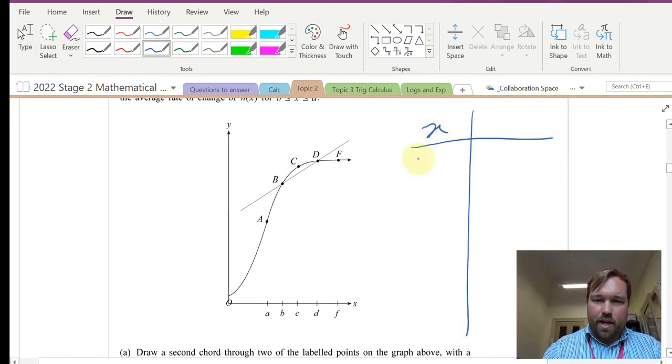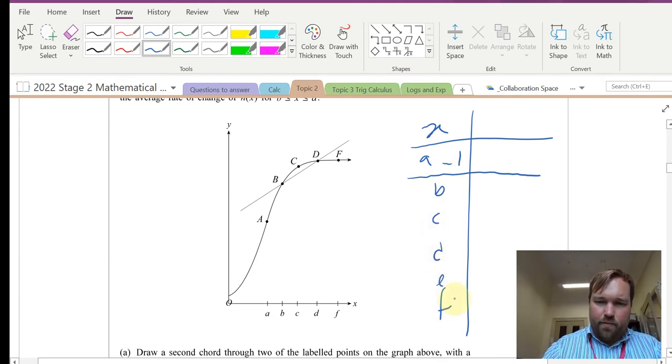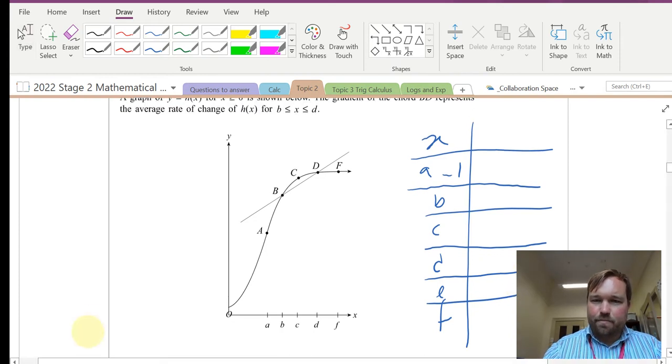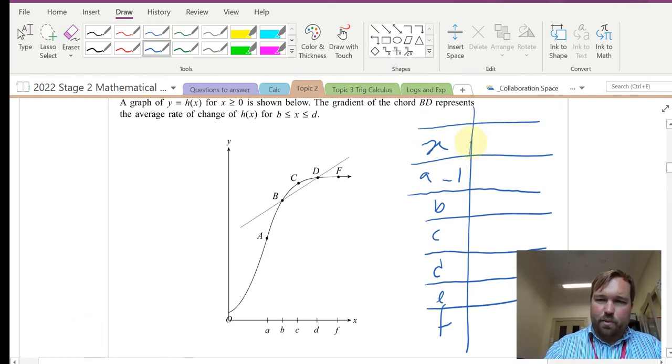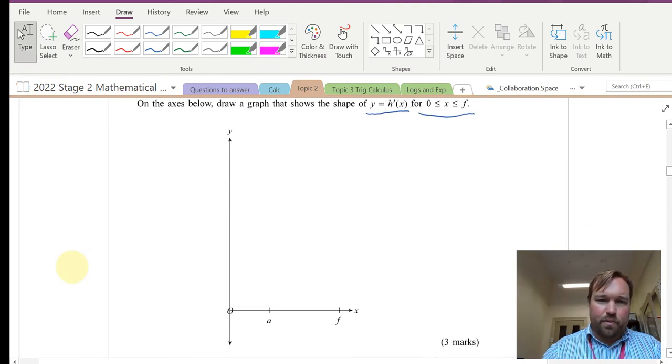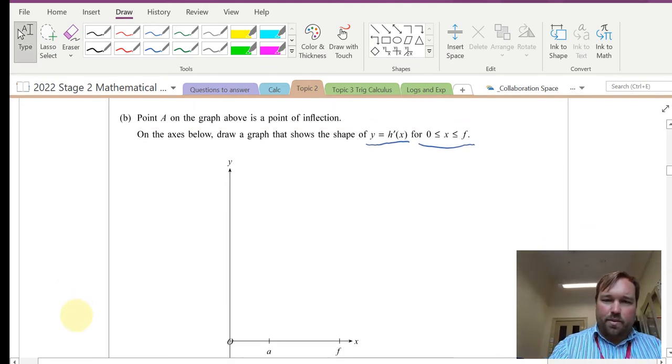So I would almost start just below A, B, C, D, E, F. And then I'm going to take an estimate of what the slope is at that point. And if I estimate the gradient or the slope, that will give me a value for h dash x. Because remember on this graph here, y equals h dash x.